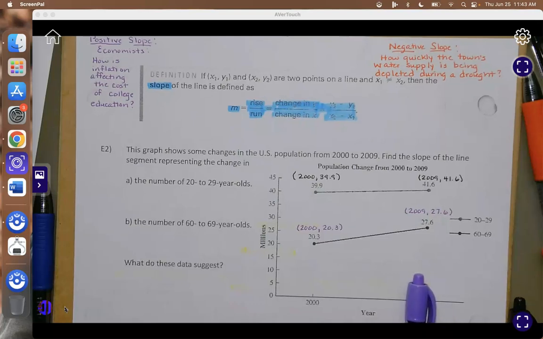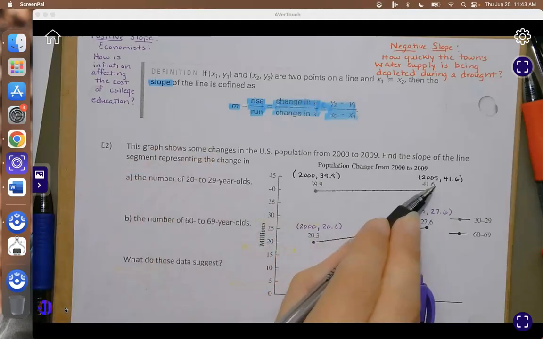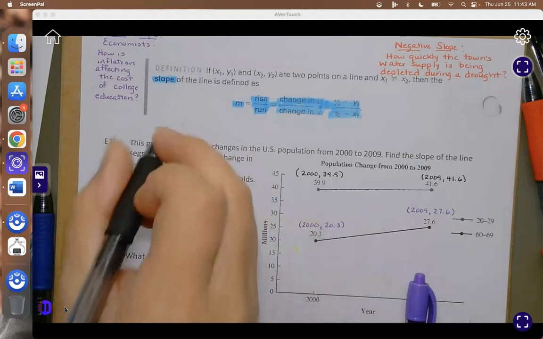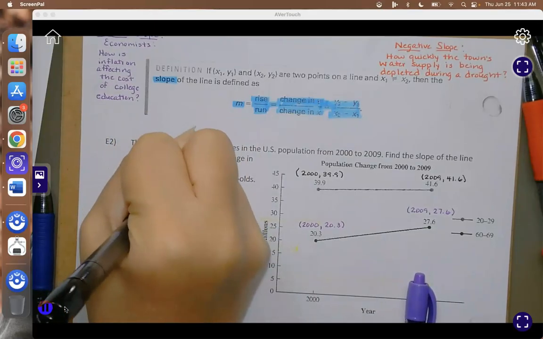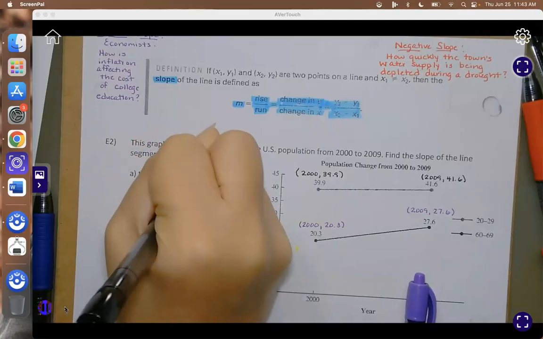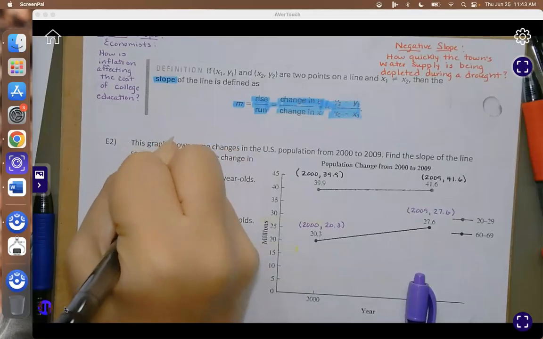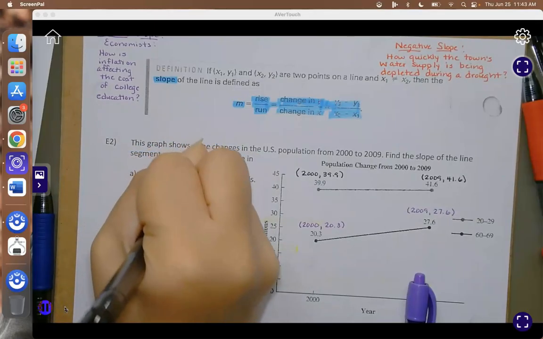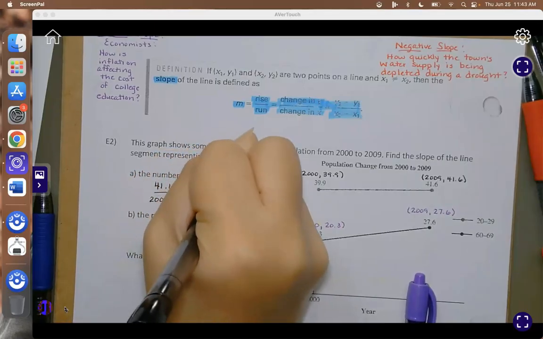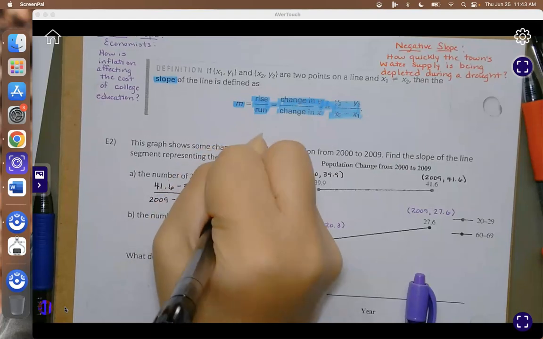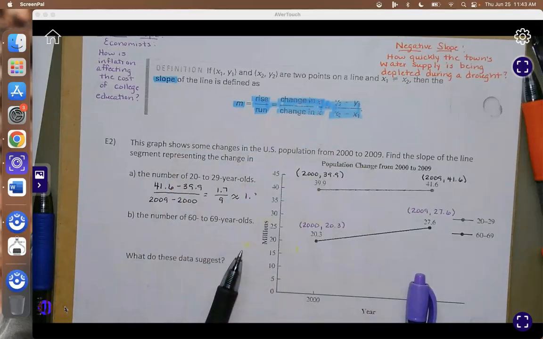Alright, so here we go. So, remember we subtract our y's, y2 minus y1, so we're doing 20 to 29-year-olds, so 41.6 minus 39.9 over 2009 minus 2000. So this is 1.7 over 9, which is approximately 0.19.